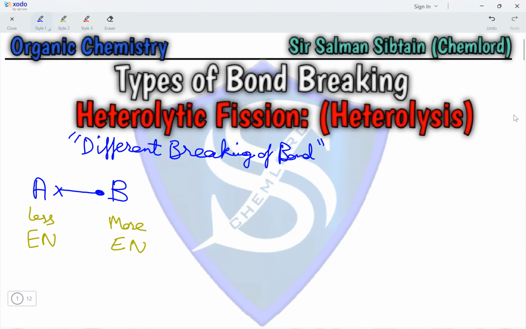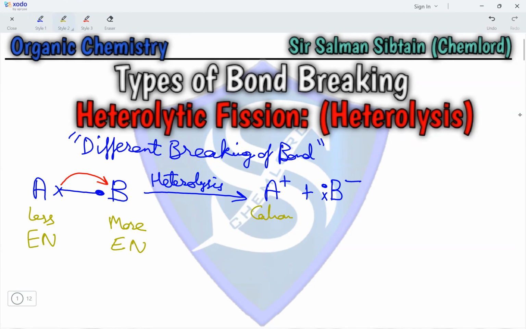So, when this compound undergoes heterolysis, the bond will break in such a way that A loses its bonding electron and becomes positively charged, and B retains both the bonding electrons as seen here and becomes negatively charged. So we can call A positive a cation and B negative an anion.